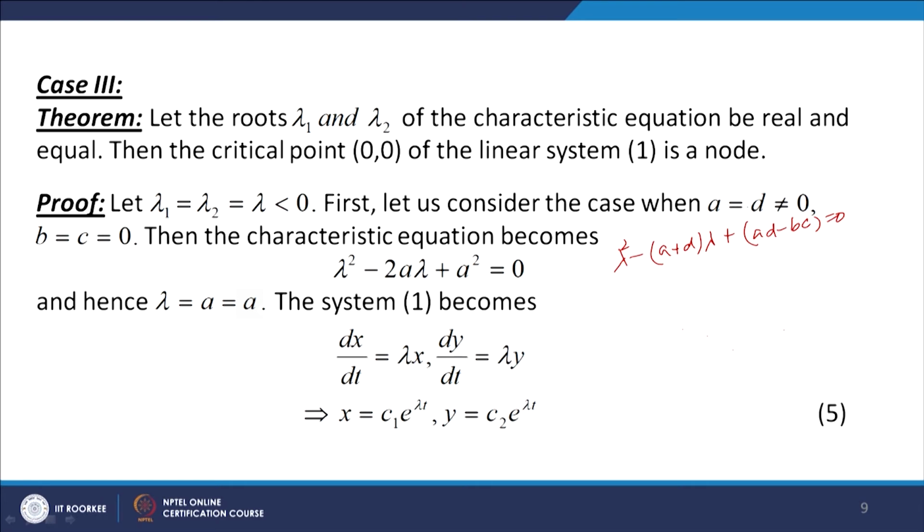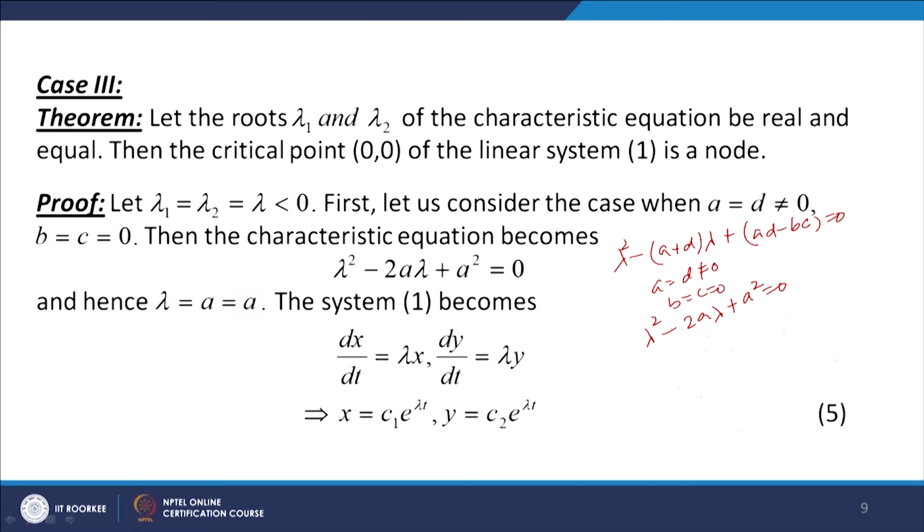In one case a is equal to d not equal to 0. Suppose I take a equal to d and not equal to 0 and b and c equal to 0. Then what I will get? I will get lambda square minus 2a lambda plus a square equal to 0. And moreover, we shall have ad minus bc, which is equal to a square, and a is non-zero. So, ad minus bc is non-zero.